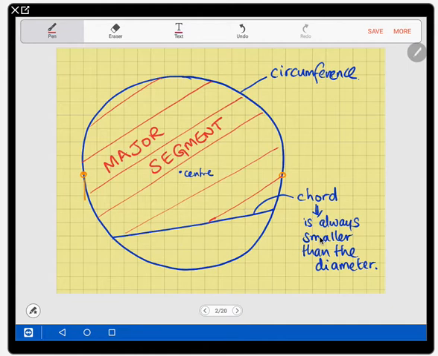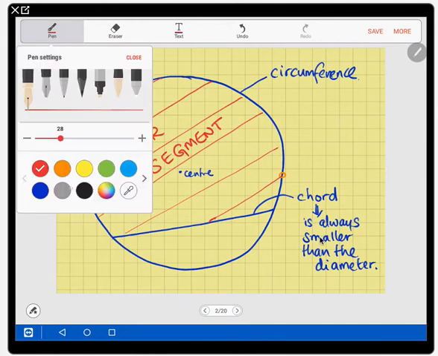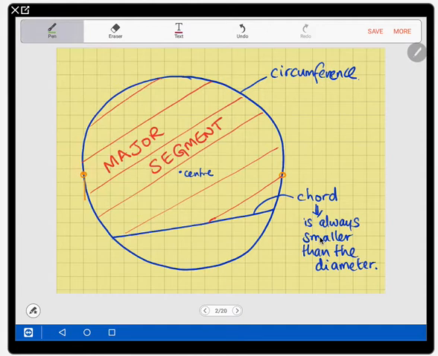It's the bigger part, and the smaller section here is called the minor segment. Okay, you understand that? Good.